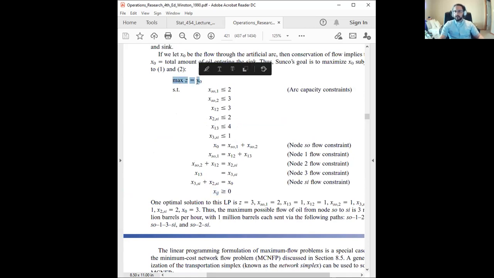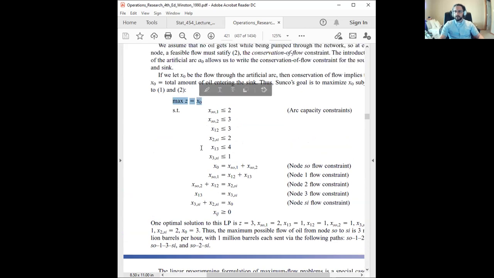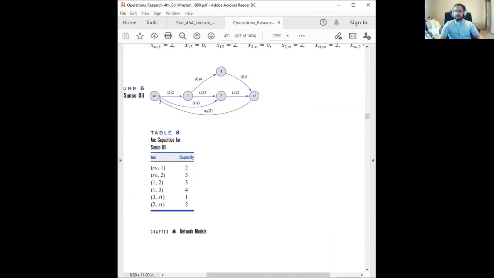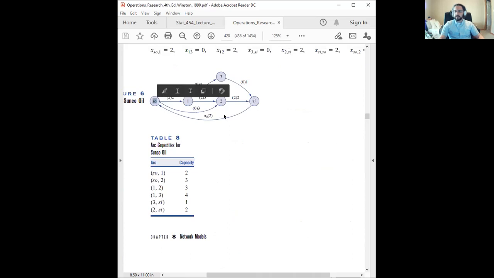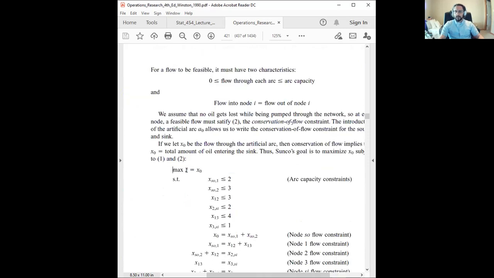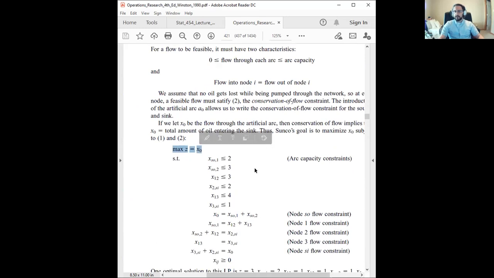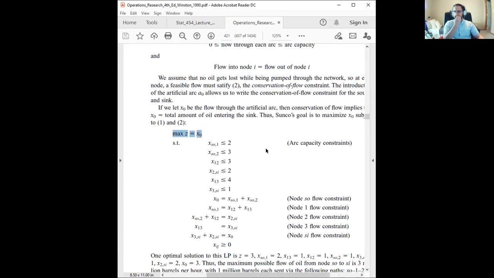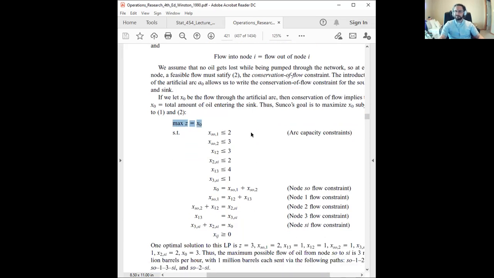The way we actually solve this is by making another clever observation: in order to balance out flow from source to sink with this arc from sink to source, if we just track what happens at that final backwards artificial arc, then that's the accumulated effect of everything going in. So this maximize z equals x0 is the flow out from the sink, the hypothetical flow out from the sink.